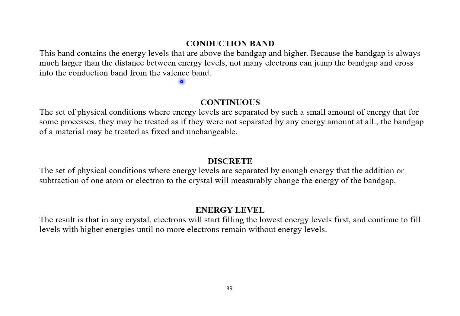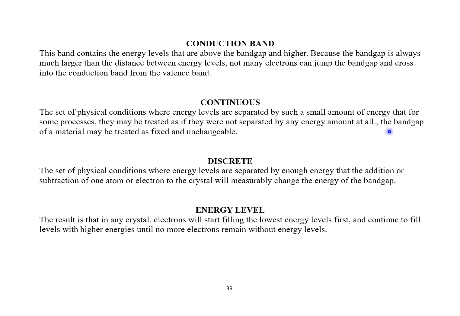So the transition from the valence band to the conduction band depends on the band gap itself. Here we have continuous bands in the case of the bulk, and discrete bands in the case of the quantum dot. Continuous bands are the set of physical conditions where energy levels are separated by such a small amount of energy that for some processes they may be treated as if they were not separated by any energy amount at all.